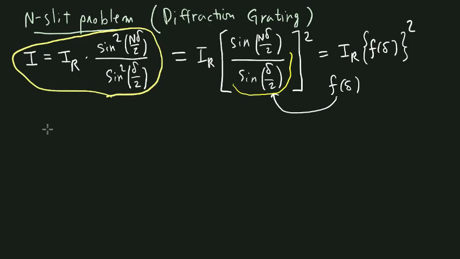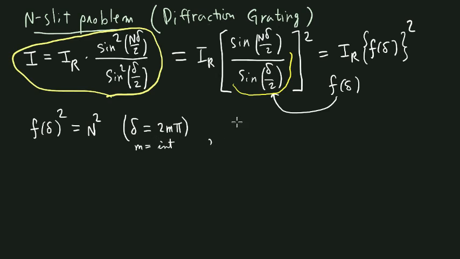So what we just figured out can be summarized as follows. Let me start from the case when the denominator and numerator both become 0. That's when f delta squared becomes N squared. And when does that happen? When delta equals 2m pi, where m is an integer.